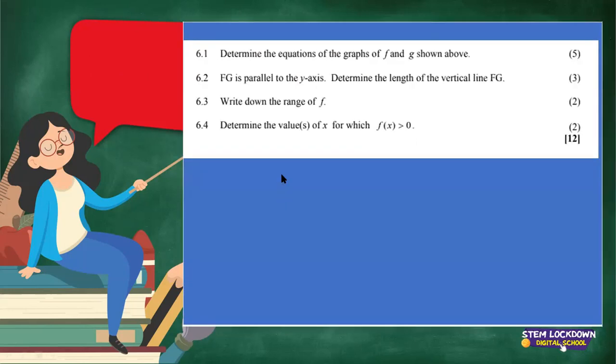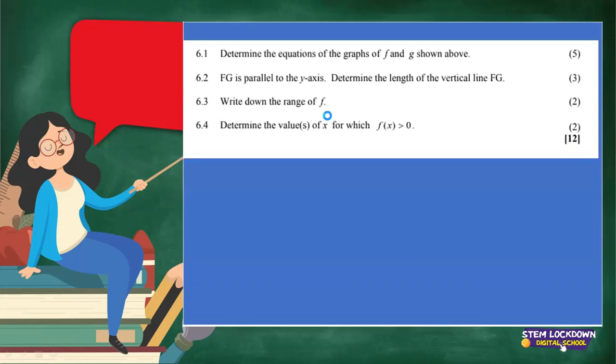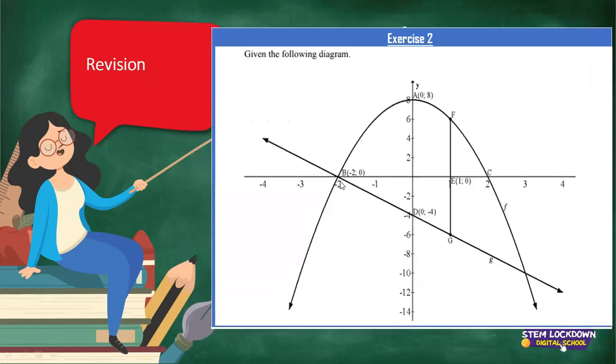You understand? If you do that, you're going to come to y equals minus 2x squared plus 8. Because the x is minus 2 and the x is plus 2, that means the graph is symmetrical about the y-axis.